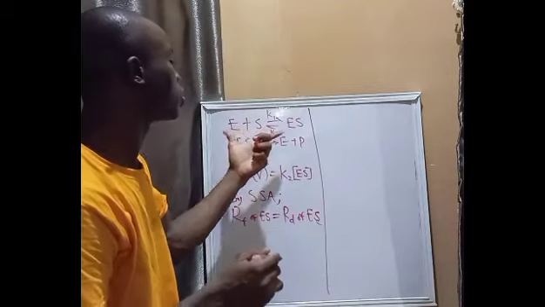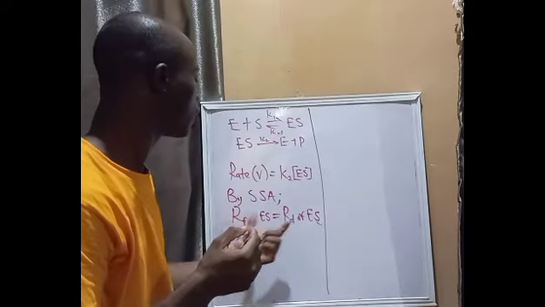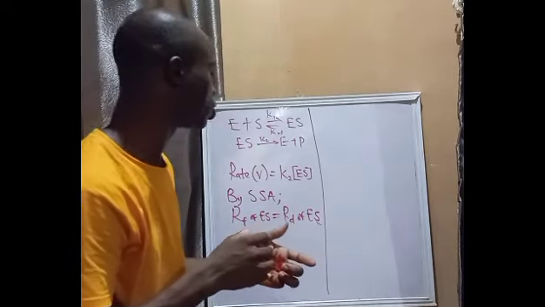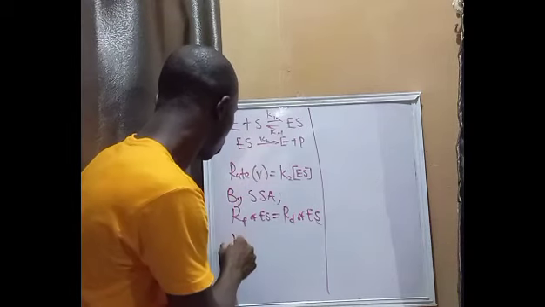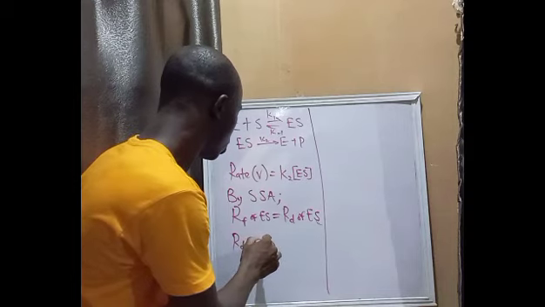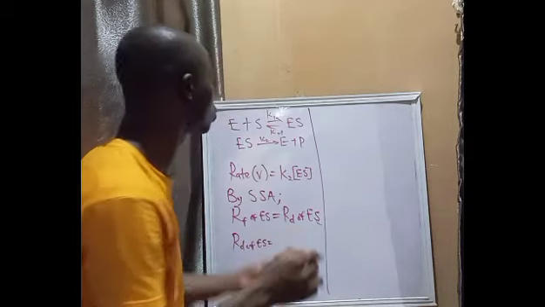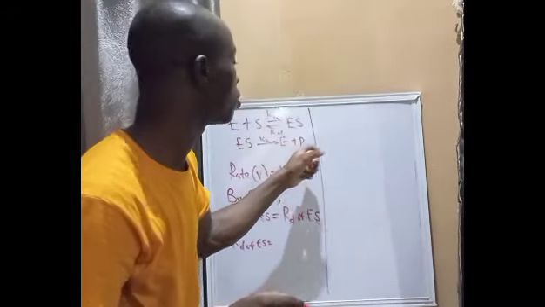So from this place now, we can simply write expression for the rate of formation of ES at the same time the rate of decomposition of ES. The rate of decomposition of ES will be equals to, now in this second step, ES is decomposing to give us enzyme and product.